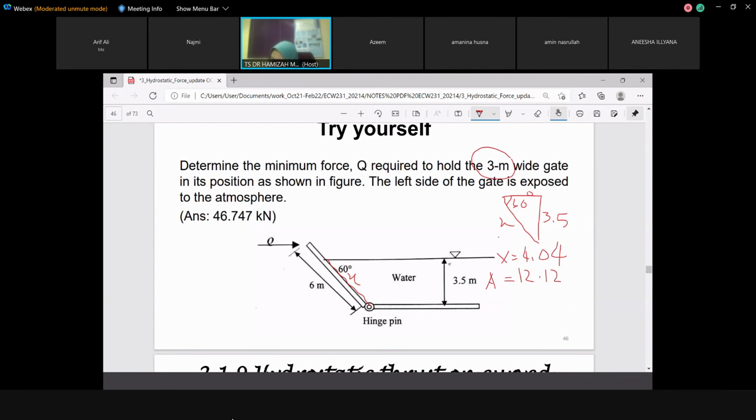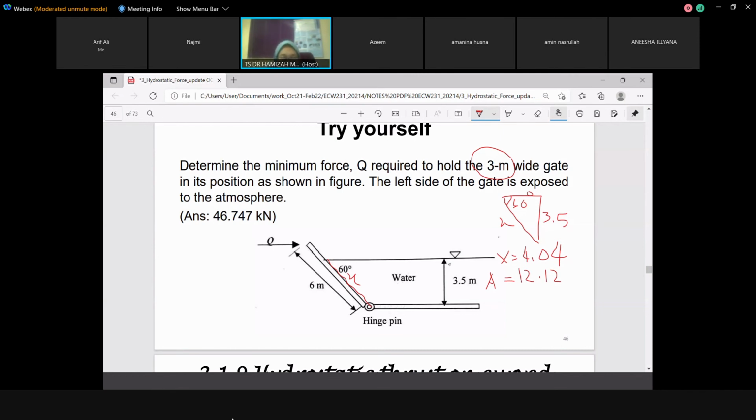And then, you can find the HG, right? Berapa HG? HG ialah half vertical length of the gate. So, vertical length dia 3.5 kan?